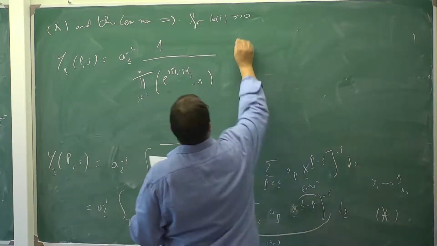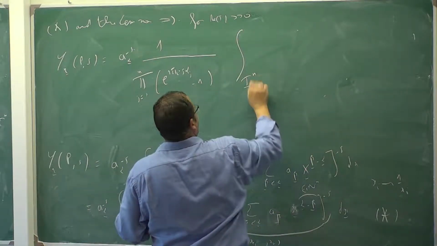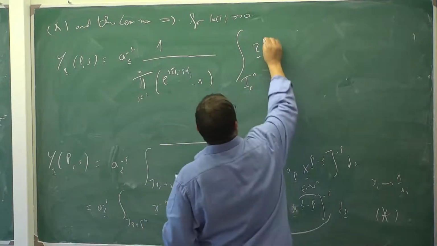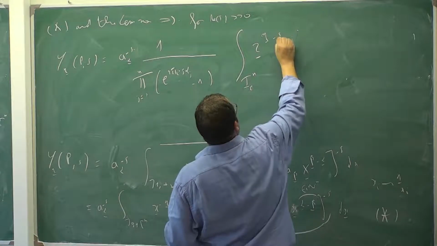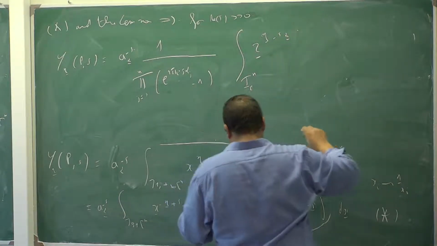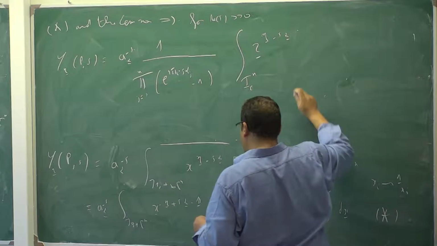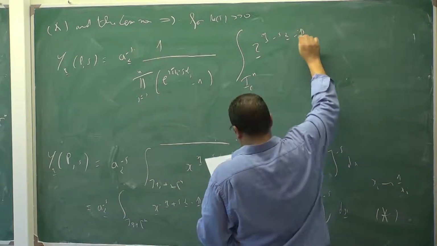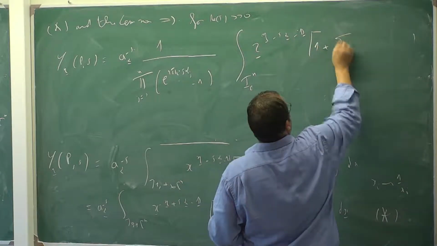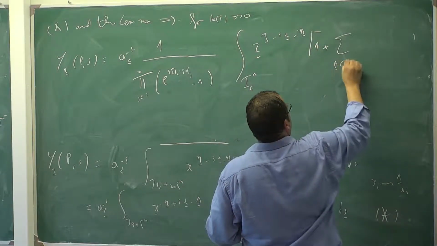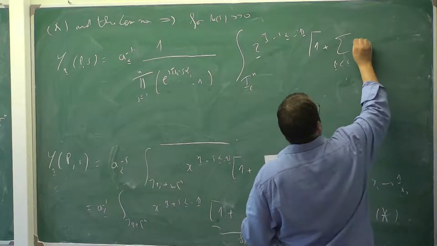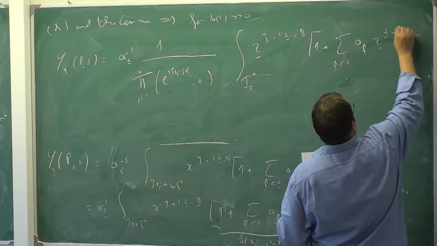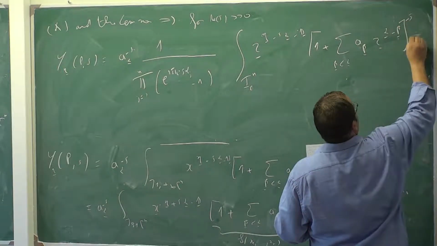And here you have the integral over E epsilon to the n of z to the power eta minus S alpha minus 1, and you have 1 plus the sum over beta less than alpha of E beta z to the power alpha minus beta, to the power S, dz.